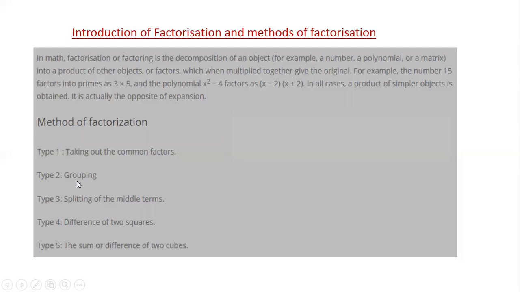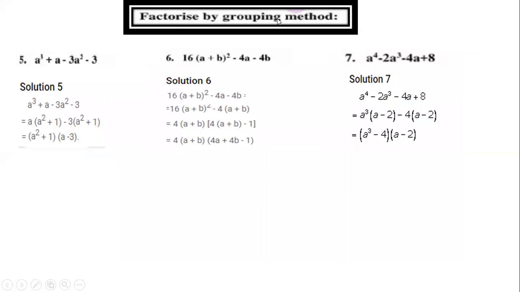The type 2 is grouping. We have to factorize by the grouping method. See, the expression is a cube plus a minus 3a square minus 3. If I group the first two terms and the third and fourth terms, from the first two terms we can take a common and we are left with a square plus 1. From the third and fourth terms, we can take minus 3 common and we are left with a square plus 1.